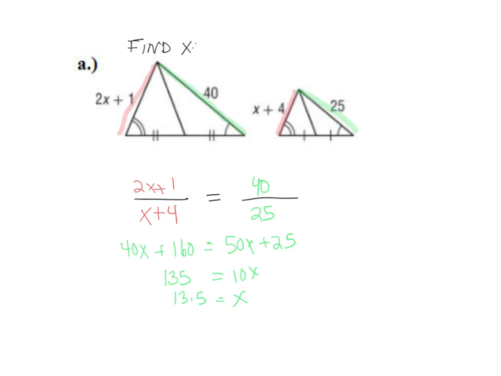And then we can cross multiply and divide and solve to get that x is 13.5. If you wanted to, you could reduce this 40 over 25 to 8/5 to begin with to make these numbers smaller if you'd like.